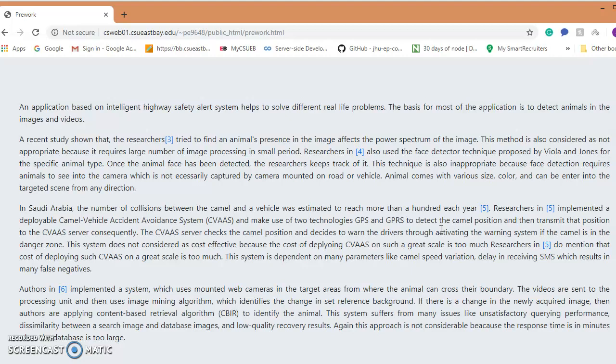The server checks the camel position and decides to warn drivers by activating a warning system if the camel is in the danger zone. This method is also inappropriate because deploying CVAS on a great scale is too costly.